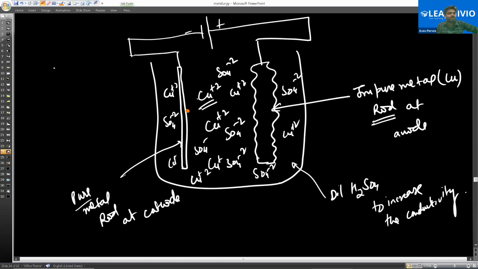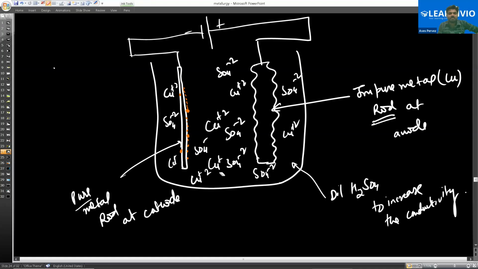So one copper ion gets converted into copper. Another copper ion also gets converted into copper solid, and this one is also converted into copper solid, and it starts depositing on the surface of this one. Just imagine if all the copper ions from this copper sulfate solution keep on depositing, then what would happen?